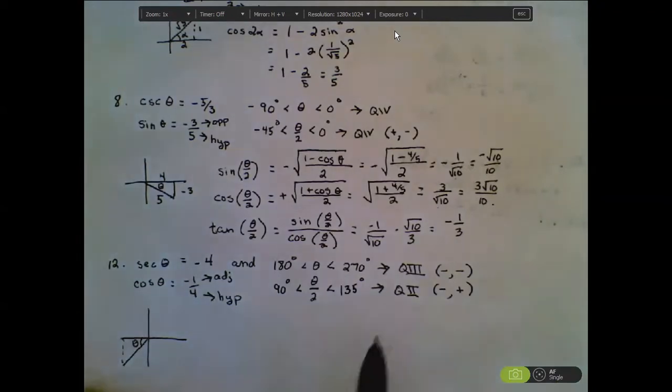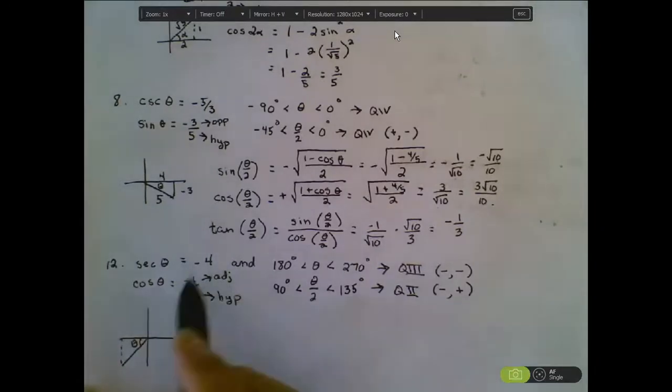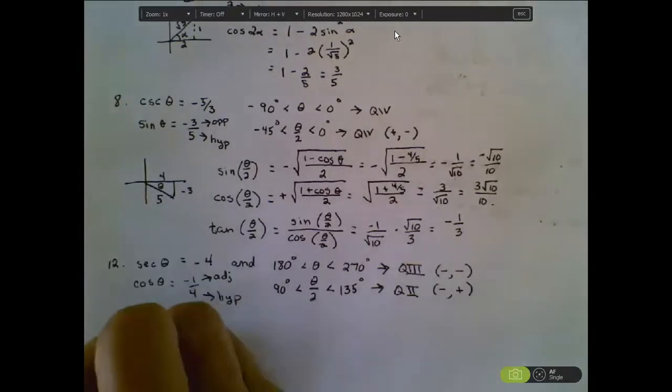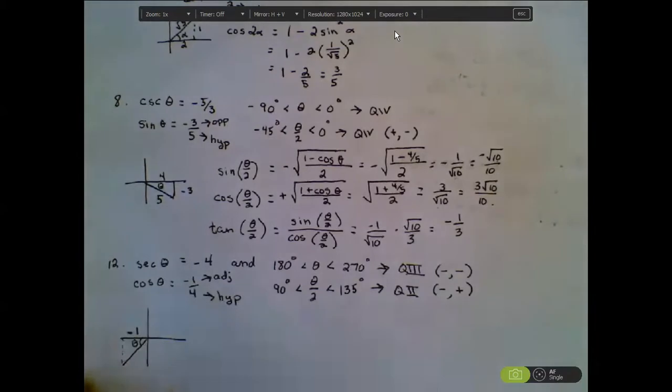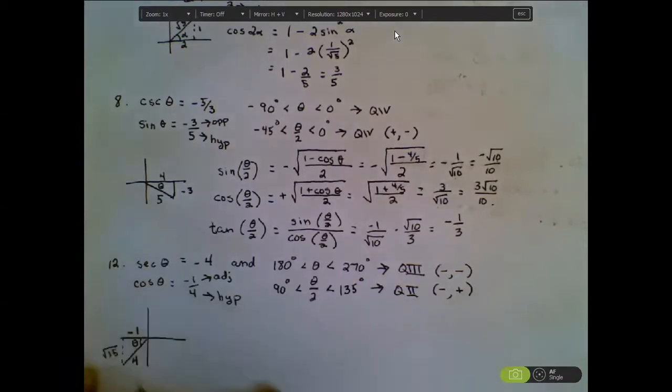Where the opposite side is -1. No, I'm sorry, adjacent's -1. Hypotenuse is 4. And by the Pythagorean theorem, the opposite side would be square root of 16 minus 1, or square root of 15.